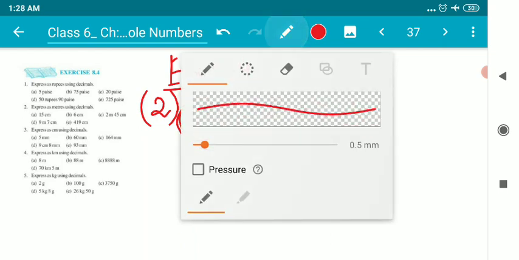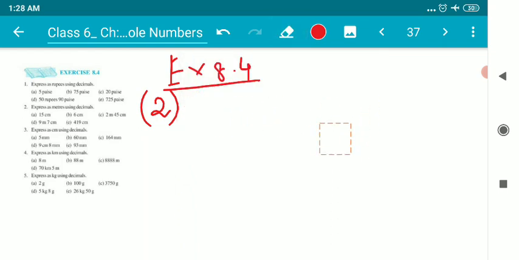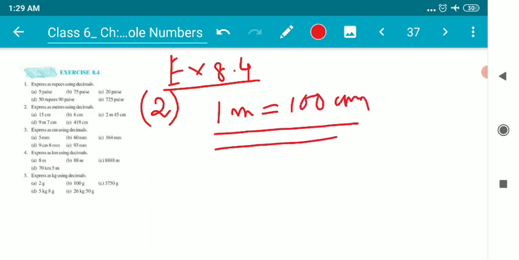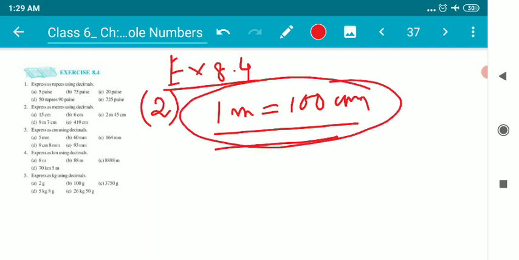Okay, children. Now I will show you a very easy method to express this number into meters. The very first thing that we need to understand is the conversion process. We know that 1 meter is equal to 100 centimeter.